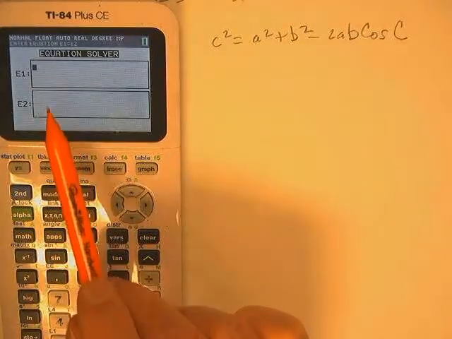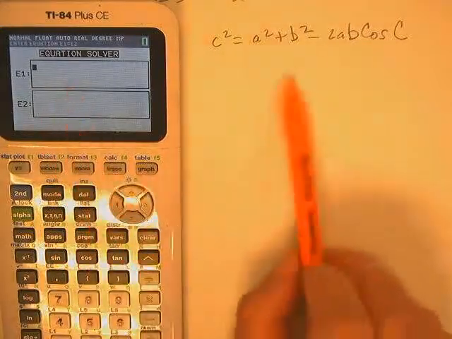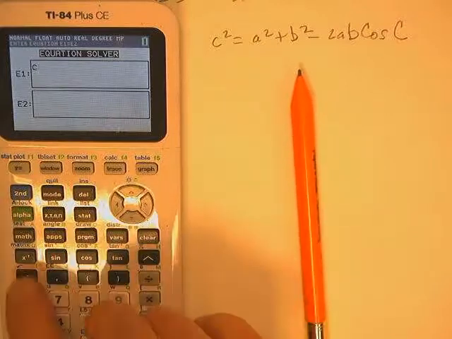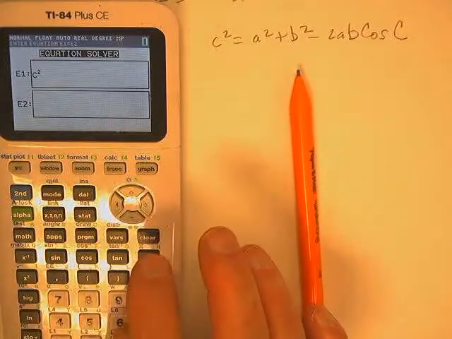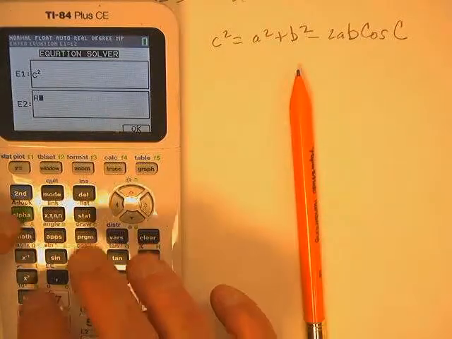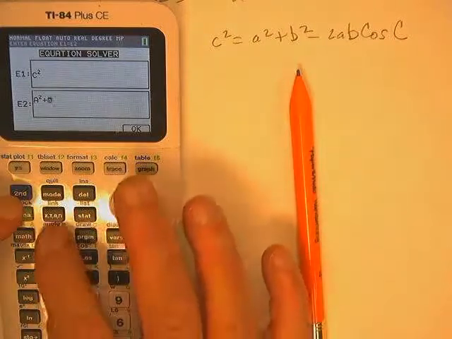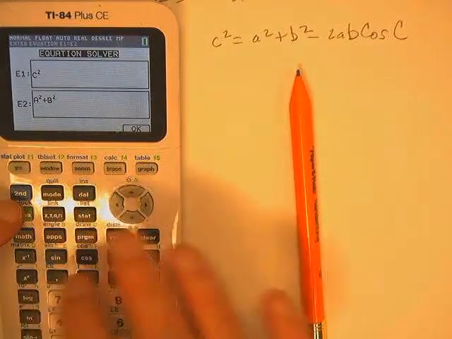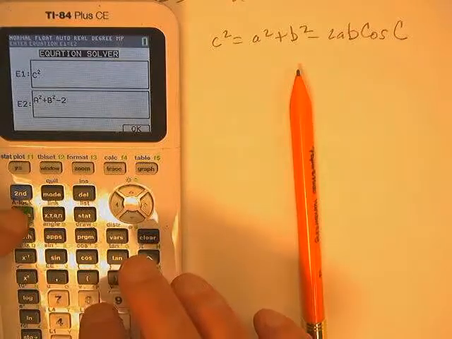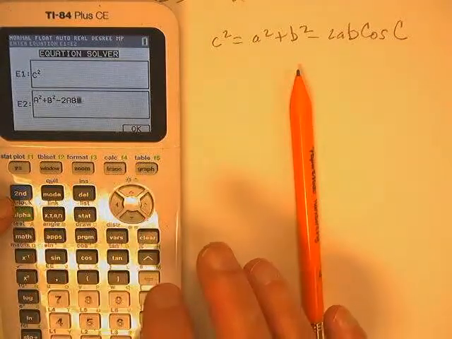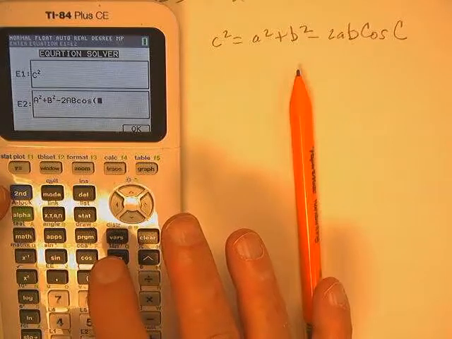And these new calculators have two spaces. So you can put c squared in that one. And down here you can put a squared plus b squared minus 2ab cosine.